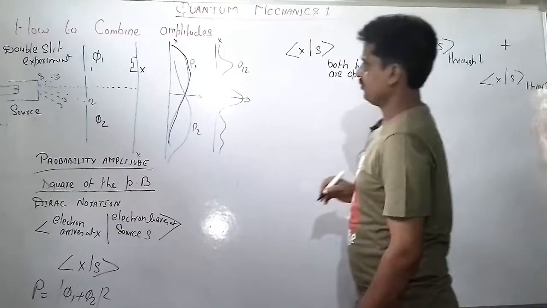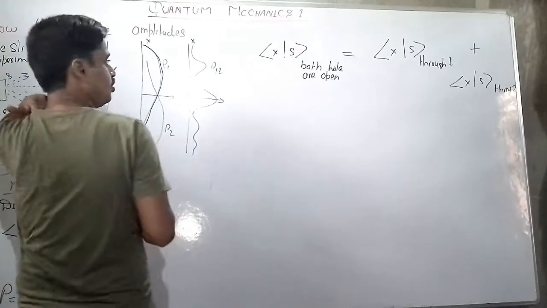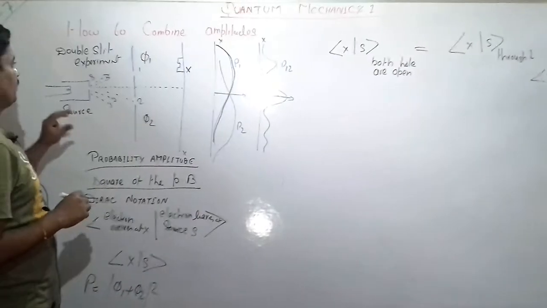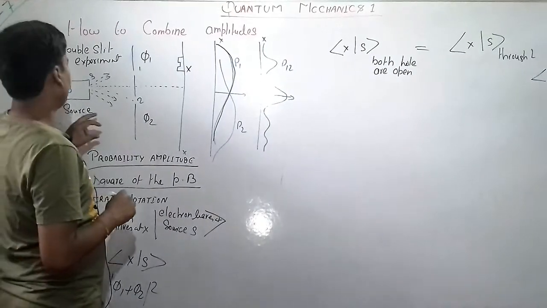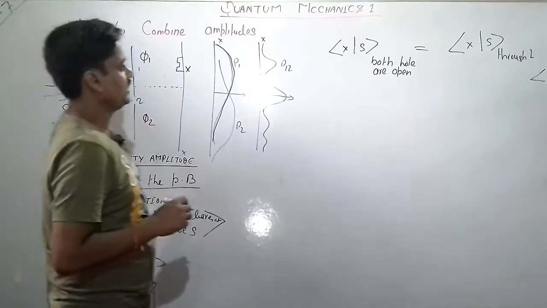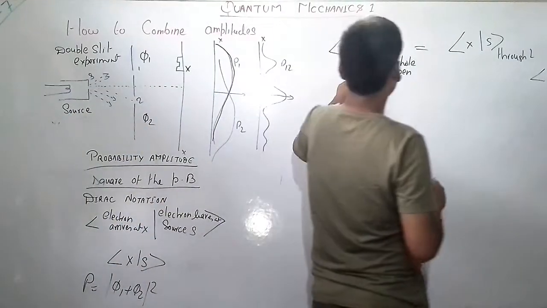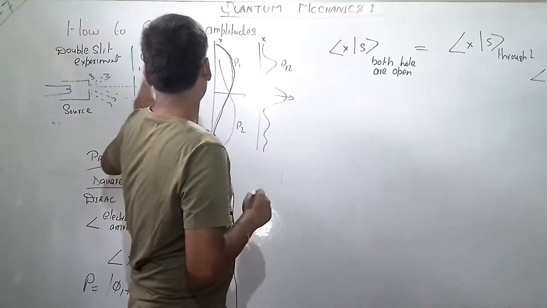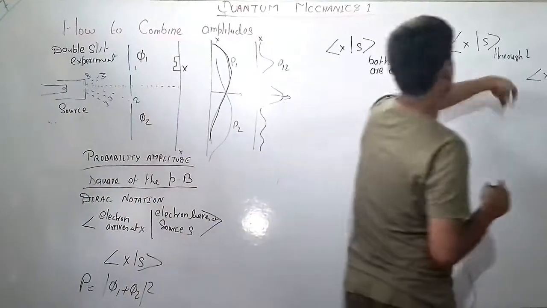It means that if there are multiple paths for any particle arriving from the source to the destination, then we can write the total amplitude of reaching as the sum over all possible paths.